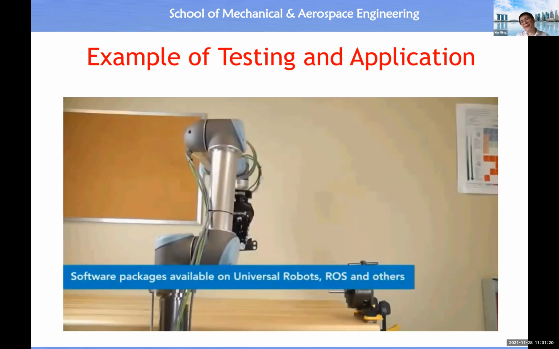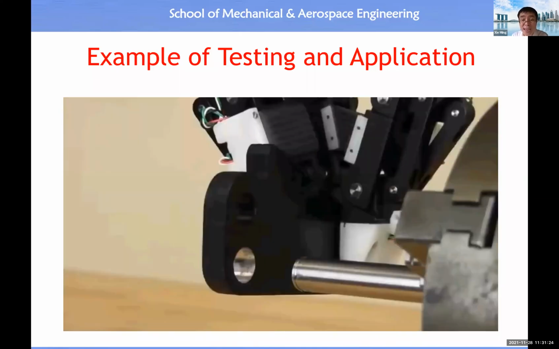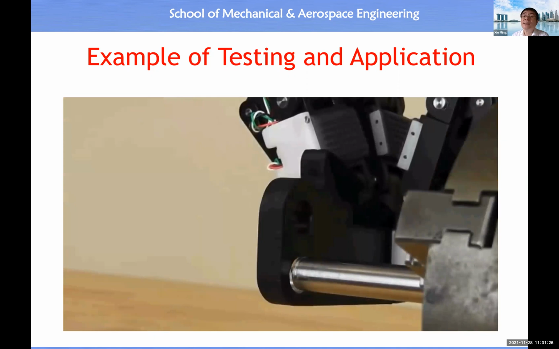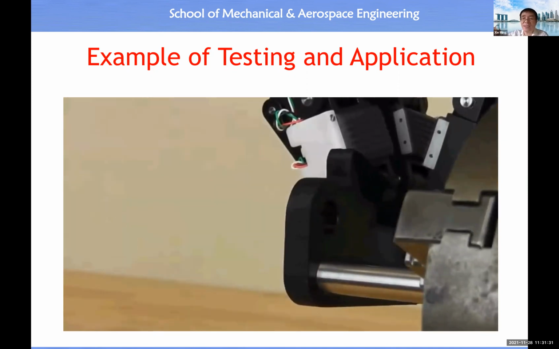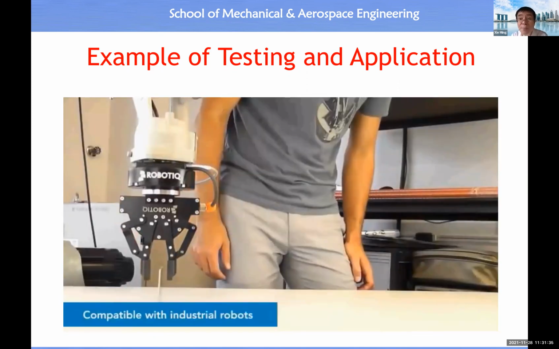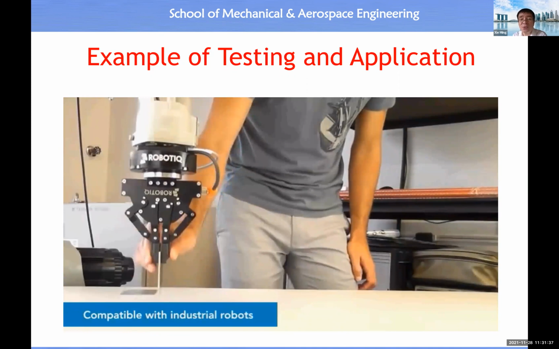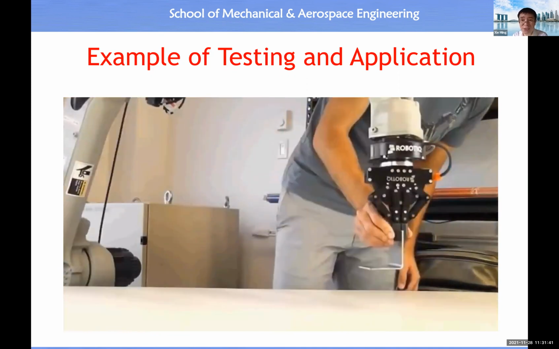Then this is the testing with the possible application. This is to do assembly with interaction as a feedback, then automatically adjust it, motion control. So this is a typical example of a hybrid control. So you control the motion and also control the interaction.